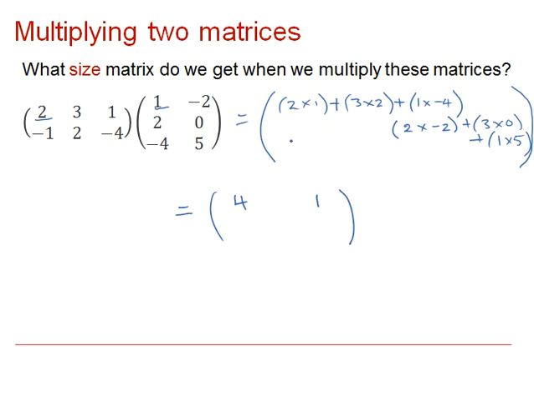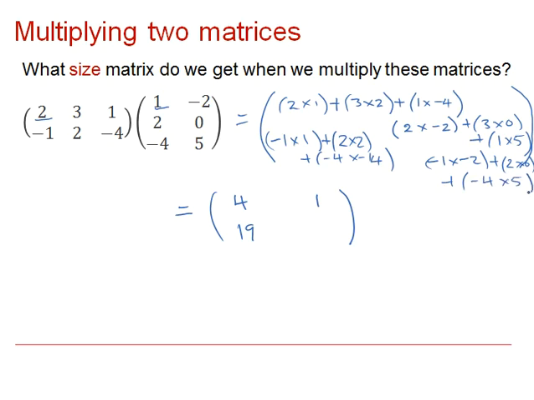If I look at the next two entries, I would have minus 1 times 1, plus 2 times 2, plus minus 4 times minus 4, giving me 19. And the second row times the second column, I would have minus 1 times minus 2, plus 2 times 0, plus minus 4 times 5.